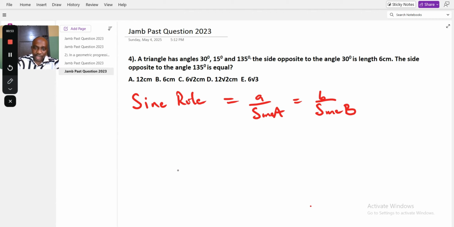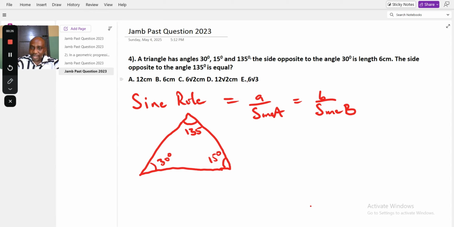Let's draw the triangle they are talking about first. One angle is 135, one is 30 degrees, and one is 15 degrees.